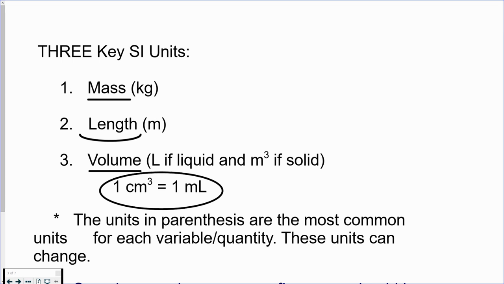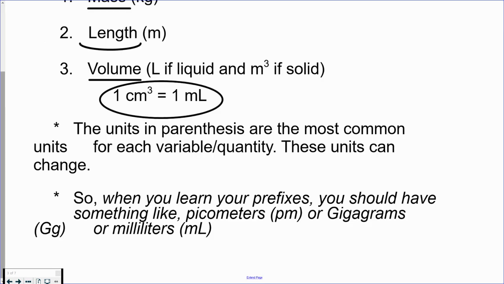And we'll show you how to make that conversion later in this chapter. Okay, so you can always take the prefixes. So picometers is PMs, milliliters we're quite familiar with, and then gigagrams if you were dealing with something that had quite a bit of grams to it.